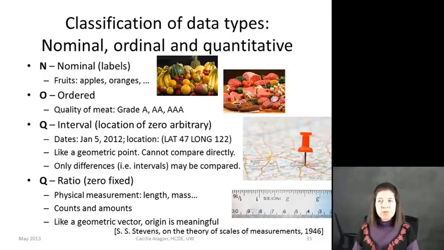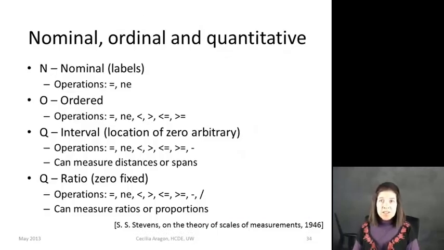You can't compare them directly, but only differences, that is, intervals, can be compared. And then finally, you have ratio data, which is where the 0 is fixed. You can think of this as any physical measurement: length, mass, counts and amounts. The origin is meaningful.